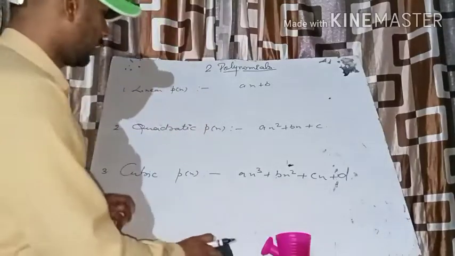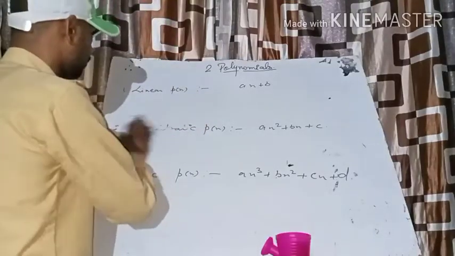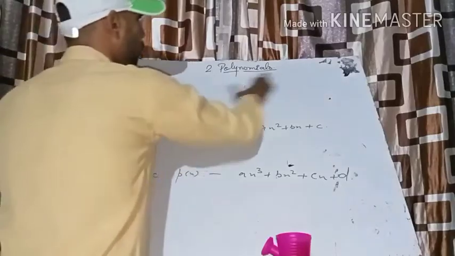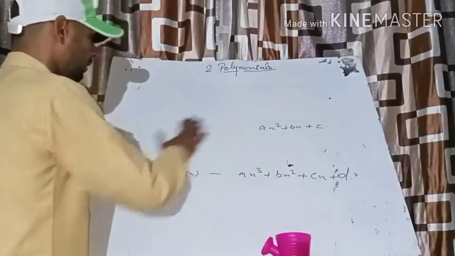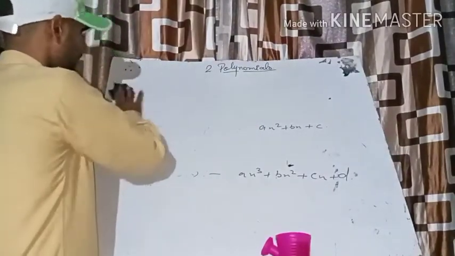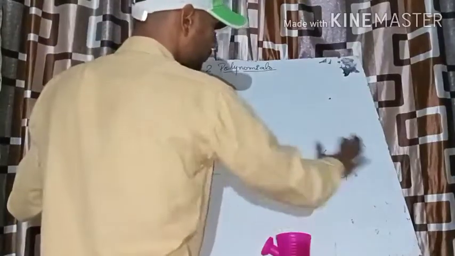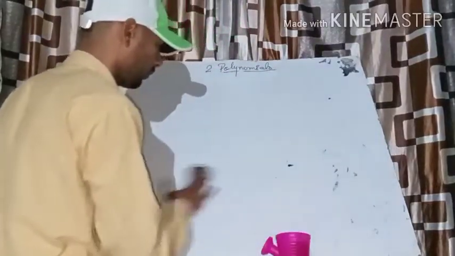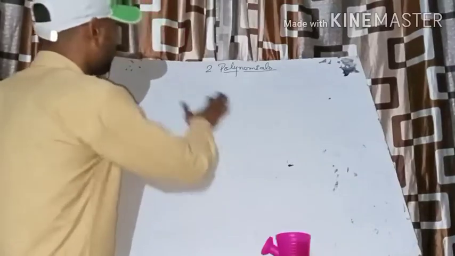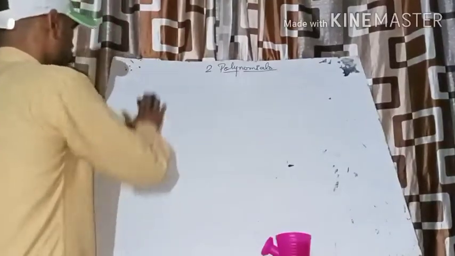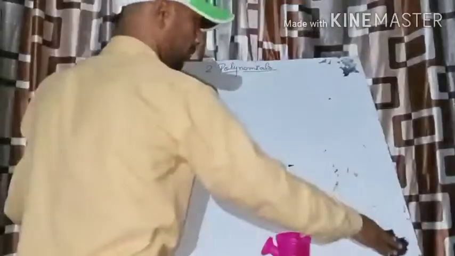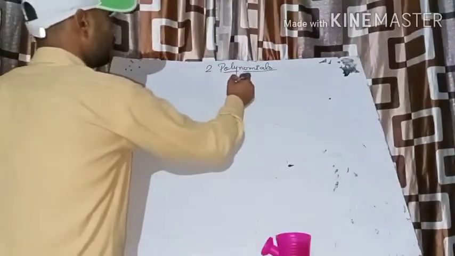Now the next question is the first question of your exercise, that is 2.1. So these are some basic properties about the polynomial. Now we will come to the exercise and we will solve the questions.